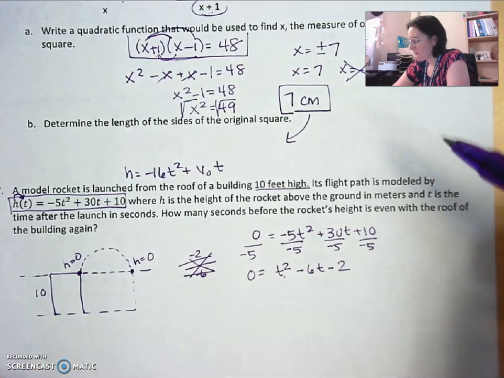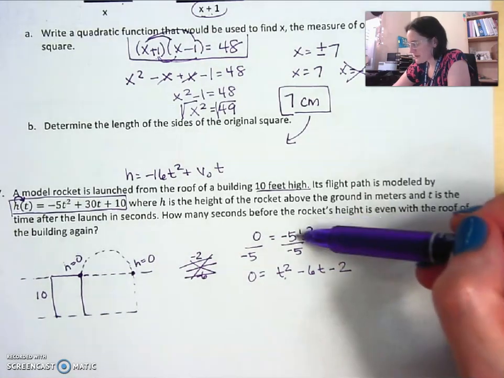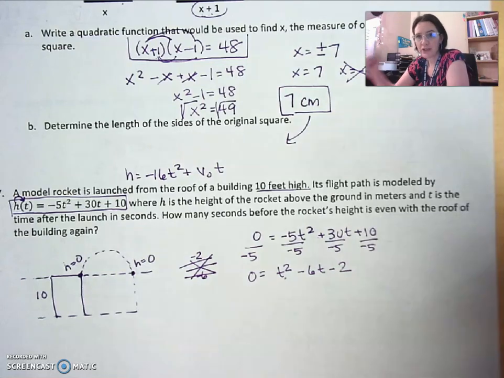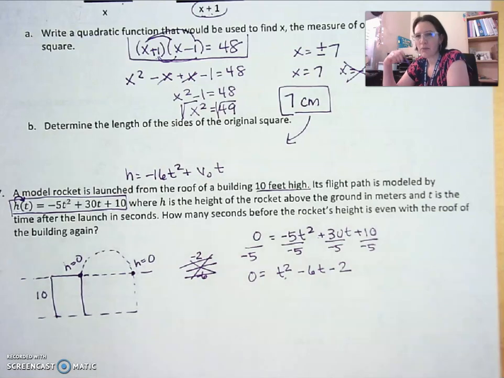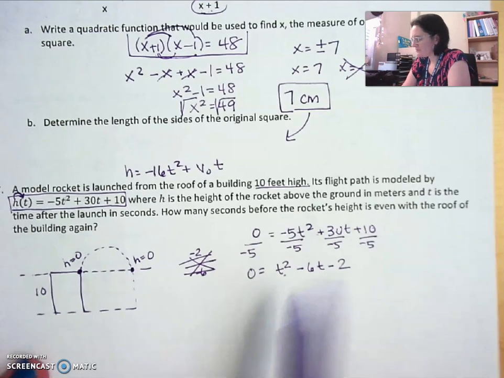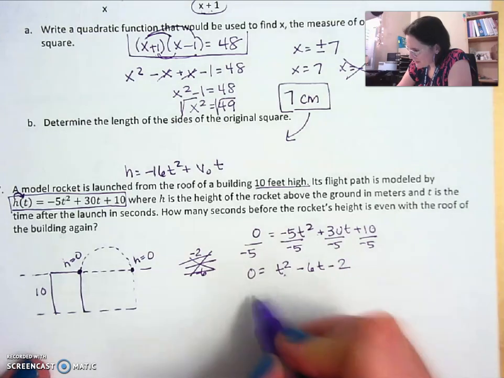All right, so now let's say you automatically looked at the equation here first before I divided by -5, and right there you said, you know what, I'm going to do quadratic formula. You're going to get the same answer as me, but our numbers are going to look a little bit different first because I divided by -5. Okay, so I'm going to go ahead with quadratic formula here.